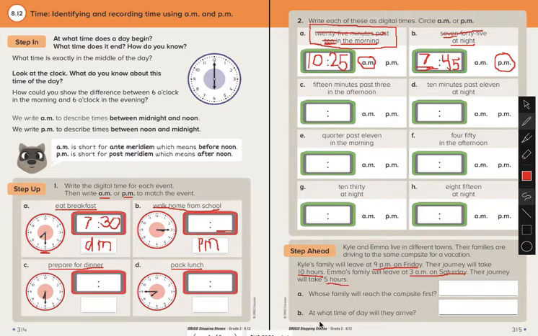When they say what time of the day will they arrive, they're talking about what time of day the first family, the family that arrives first, will get there. So this will take some math. You're going to have to work out the equation just like any normal math word problem. You're going to read the questions, figure out what they've given you, and figure out what you're missing and what they're asking.